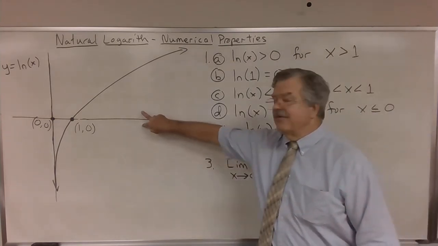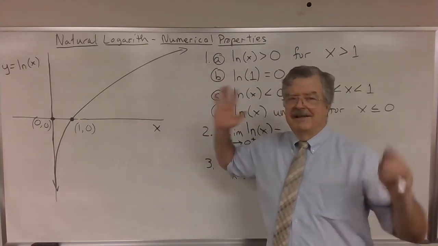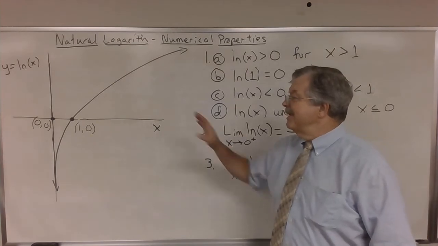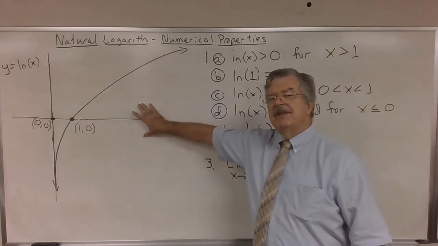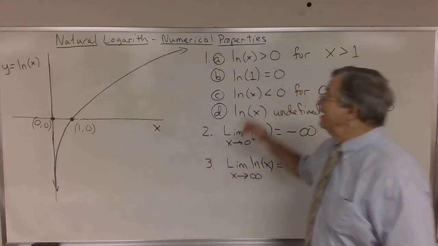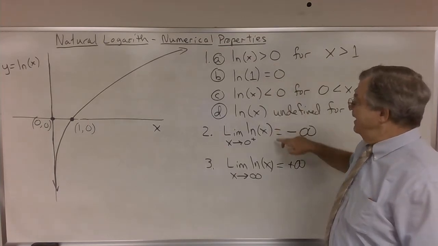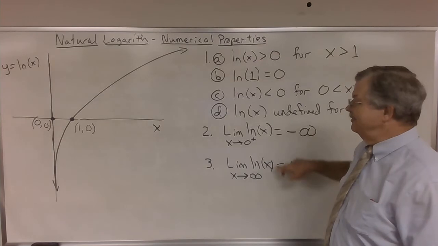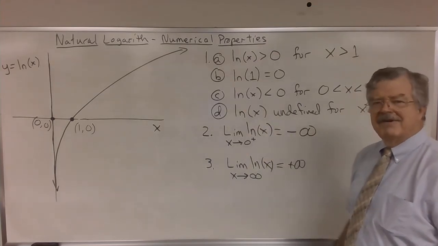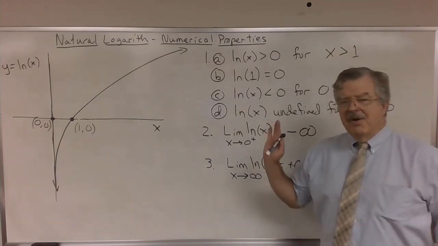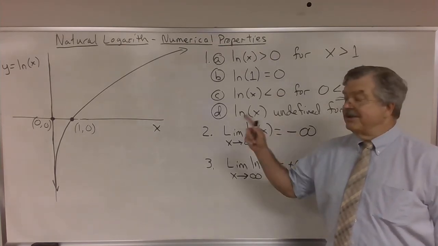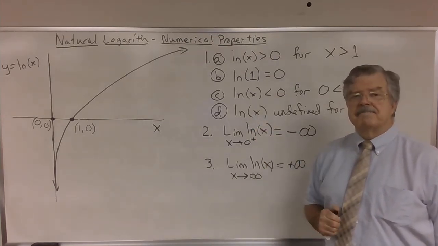And knowing what the graph looks like is a wonderful thing, because we should probably look at this graph and correlate all of these properties with what we see on the graph and vice versa. Knowing the graph of a function, especially this function, is worth quite a bit.